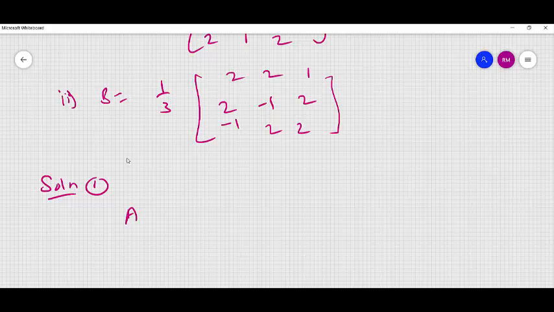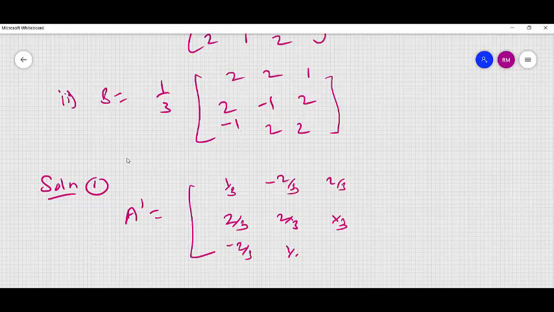since we know matrix A, we can find A transpose. A dash is equal to 1 by 3, minus 2 by 3, 2 by 3, 2 by 3, 2 by 3, 1 by 3, minus 2 by 3, 1 by 3, 2 by 3.